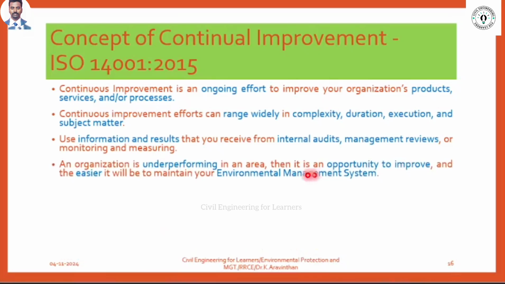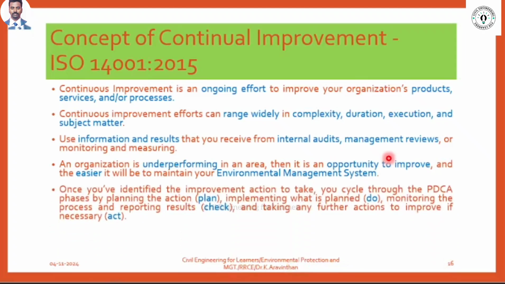Now, if the organization is underperforming, performing well or substandard, you can classify according to this. By getting the continual improvement, you get an opportunity to improve the organization through this environmental management principle. So this is what I said, PDCA.